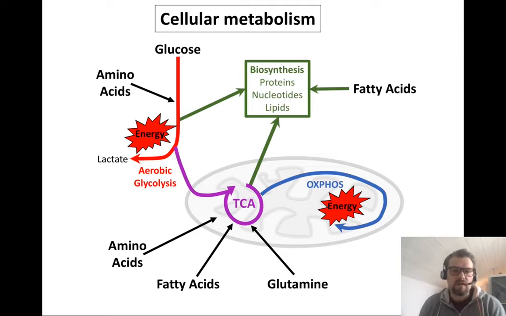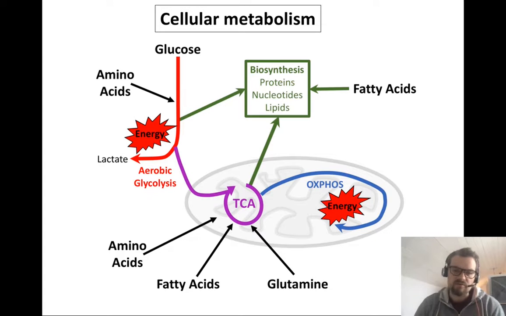Of course, cells need to do more than just have the energy to go about their business. Especially immune cells. Immune cells can engage in a really robust biosynthetic response when they become activated, because they need to make lots of effector molecules like cytokines. Often they would also need to undergo robust proliferation.